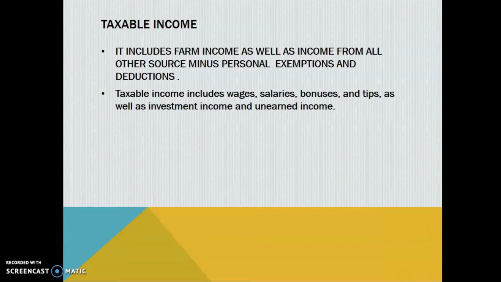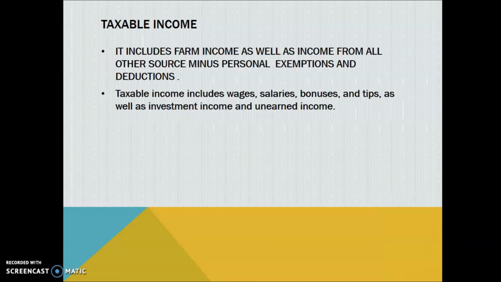What does taxable income mean? It is generally described as adjusted gross income, which is your total income, known as gross income, minus any deductions or exemptions allowed in that tax year.